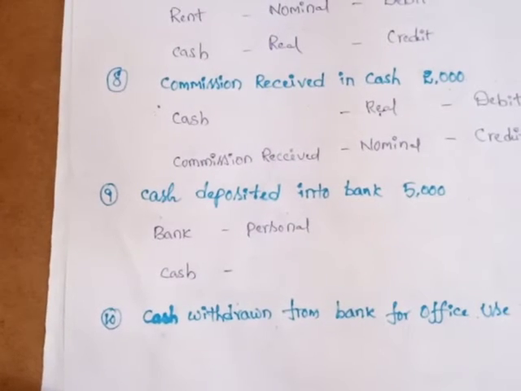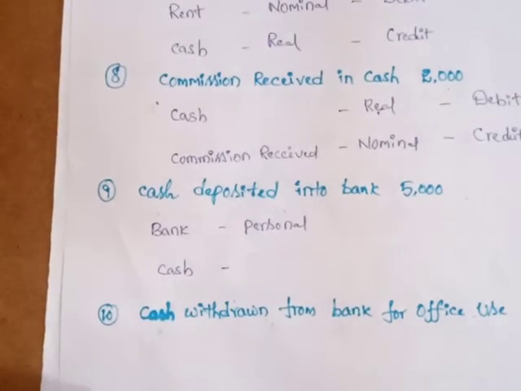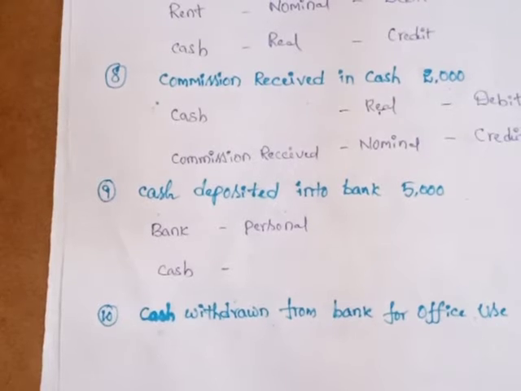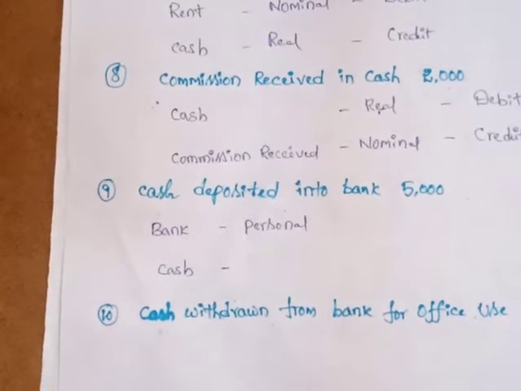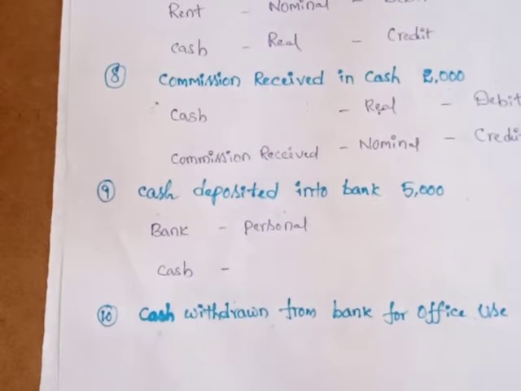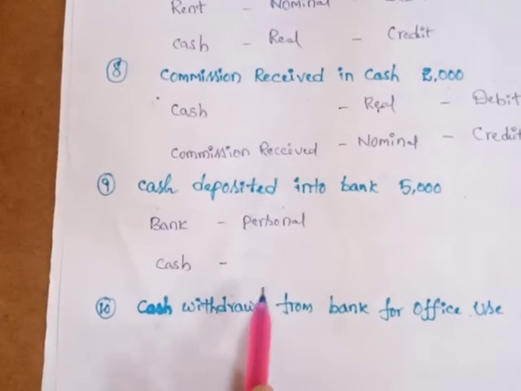Personal account, I already told you. So personal accounts relate to individuals, groups of persons, legal bodies created by law, banks, organizations, etc. That's why bank is a personal account.